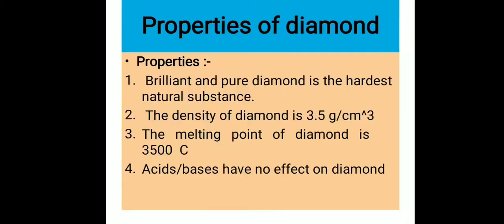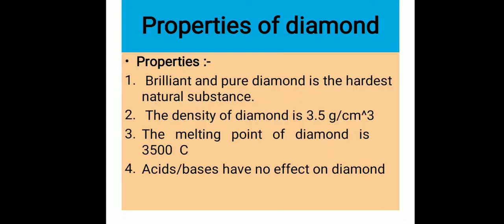Now, which are the properties of diamond? First property is that pure diamond is brilliant and is the hardest natural substance. The density of diamond is 3.5 gram per centimeter cube.